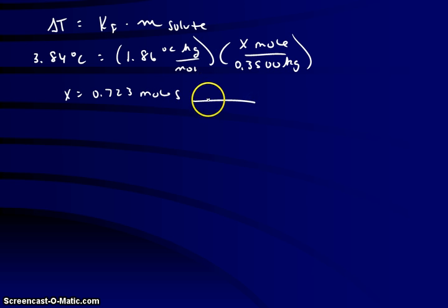We want to know how many grams, so 1 mole of our solute equals 92.11 grams, since it gave us the formula, and that's going to give us 66.6 grams of C3H8O3 that must be dissolved in 350 grams of water in order to lower the freezing point 3.84 degrees Celsius.